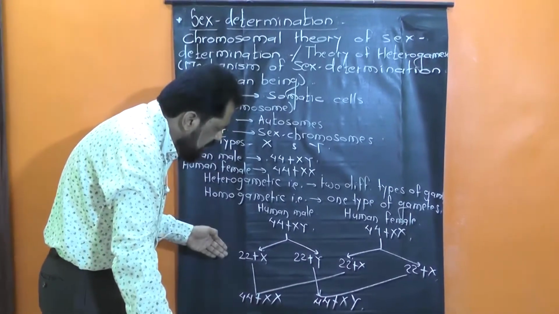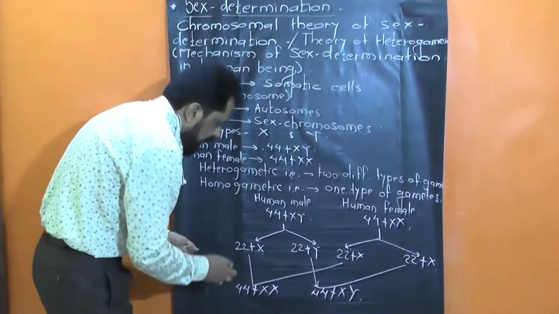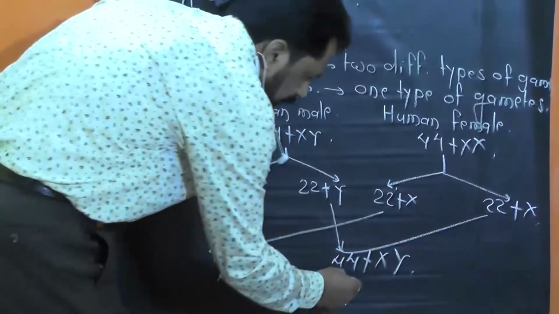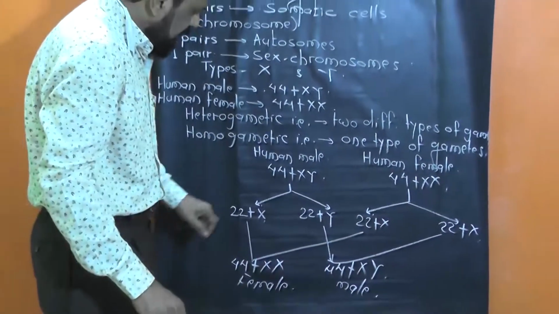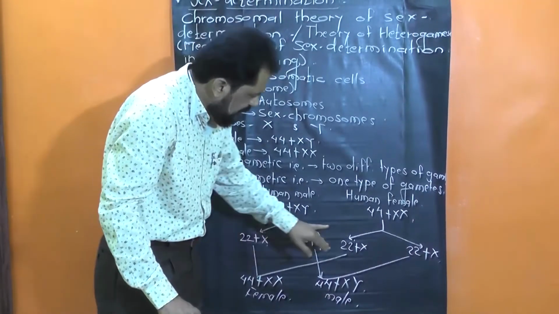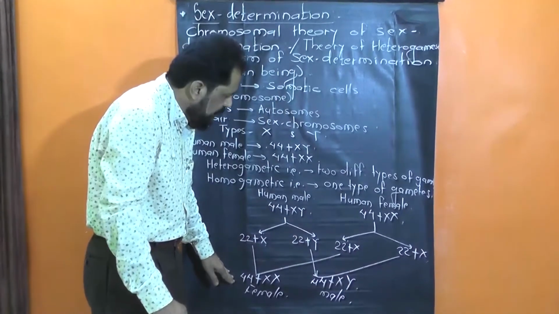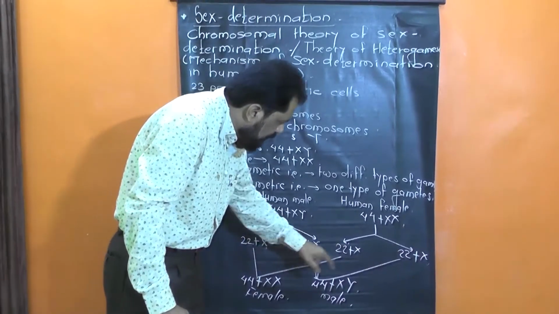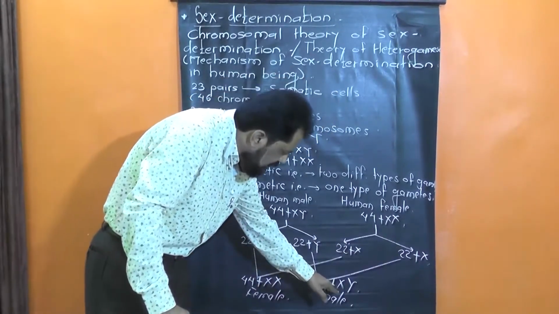Here, for the sex of the newborn baby, you can see 44 plus XX represents the female and 44 plus XY represents the male. It means we can say that when the male gamete with X as a sex chromosome fertilizes the female gamete, then a female baby is conceived, and when the male gamete with Y as sex chromosome fertilizes the female gamete, then a male baby is conceived.